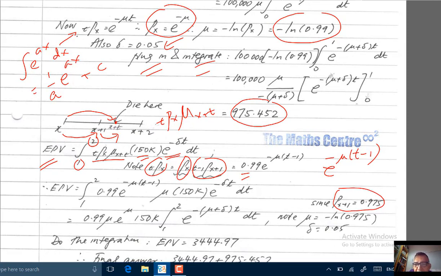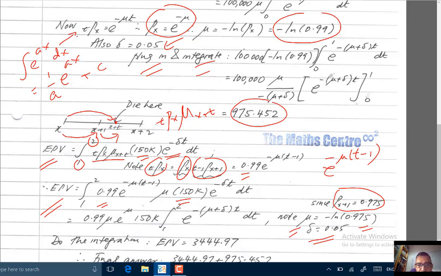So using the same idea that t p x is e to the power of minus mu t, we can get mu equals the negative of log 0.975. And delta remains the same at 0.05. Now all we need to do is plug in all the details. You'll get your expected present value. Integrating from 1 to 2, 0.99, e to the power of minus mu (t-1), mu, 150,000, e to the power of minus delta t.